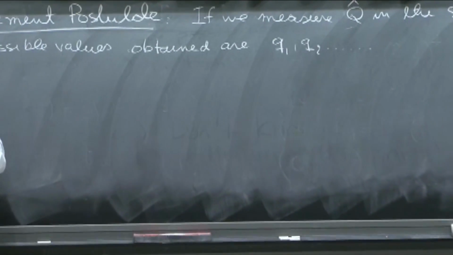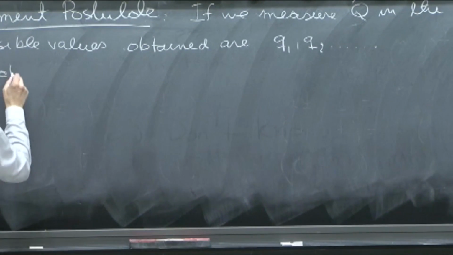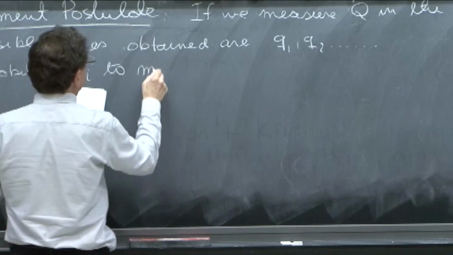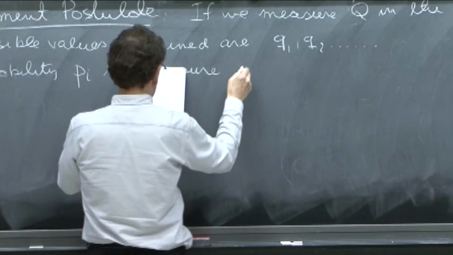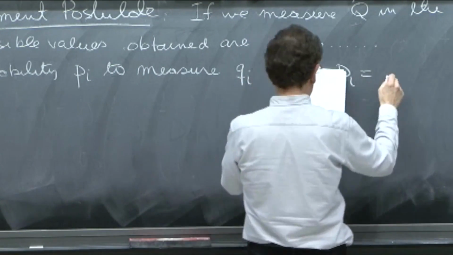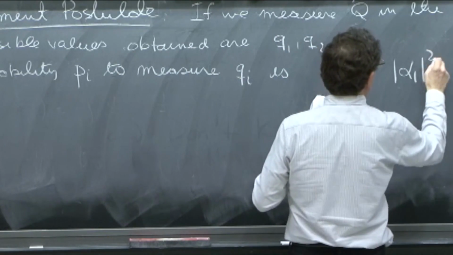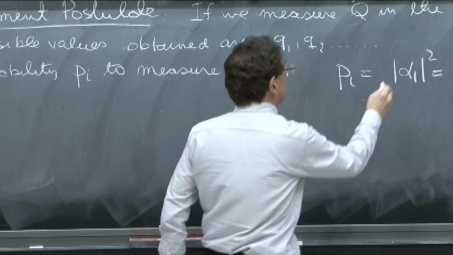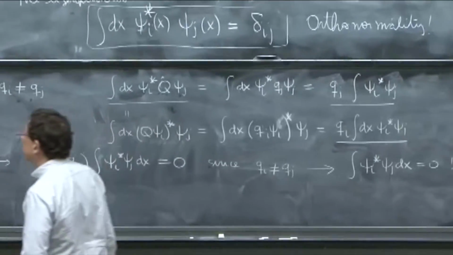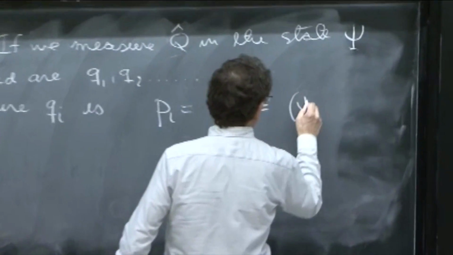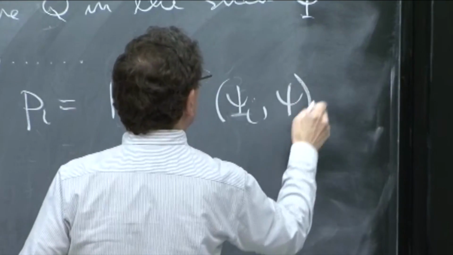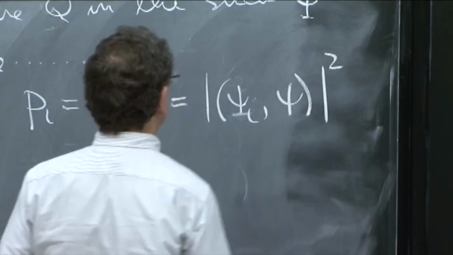The probability Pi to measure Qi is Pi equals alpha i squared. And remember, what is alpha i? We calculated it is this overlap of psi i with psi, squared.